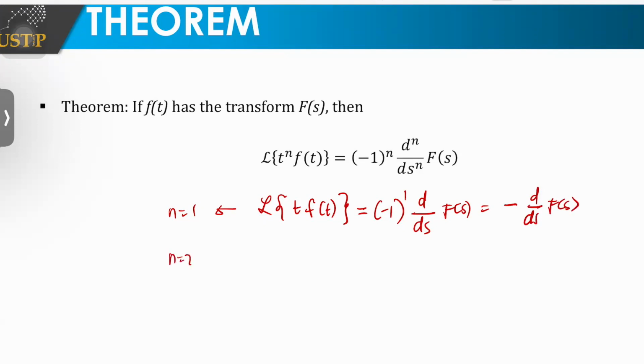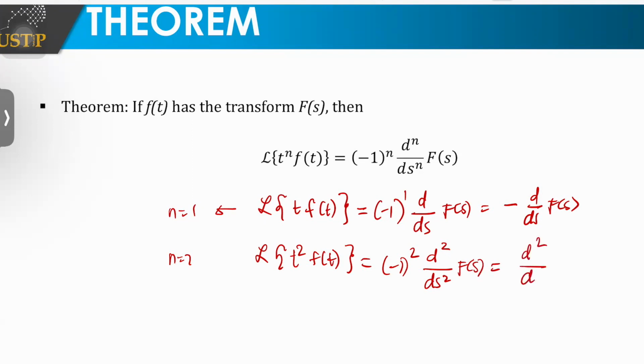Now when n is equal to 2, that means we get the Laplace transform of t squared f of t. That is negative 1 squared times the second derivative of F of s with respect to s. So negative 1 squared becomes positive, and that is just the second derivative of F of s with respect to s. And so on. You keep differentiating if your n is higher.